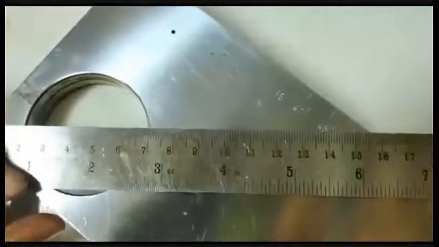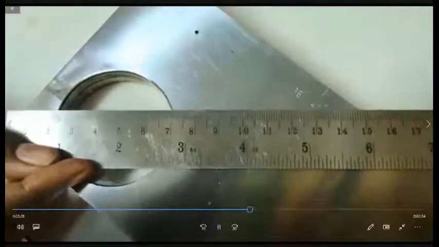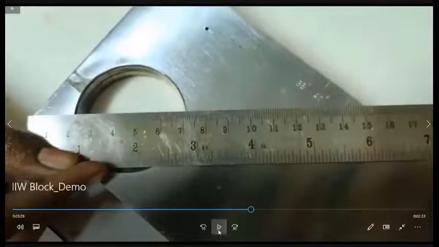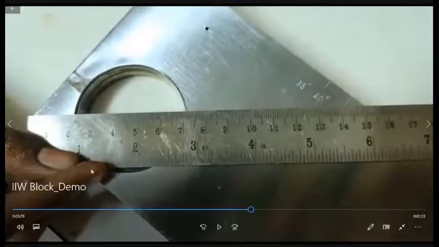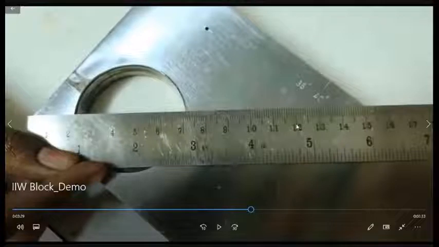And now you can see the distance that we are going to calibrate the angle probe for. So from this end to the top of this surface, what is the distance? It is around 150 mm, as you could see.